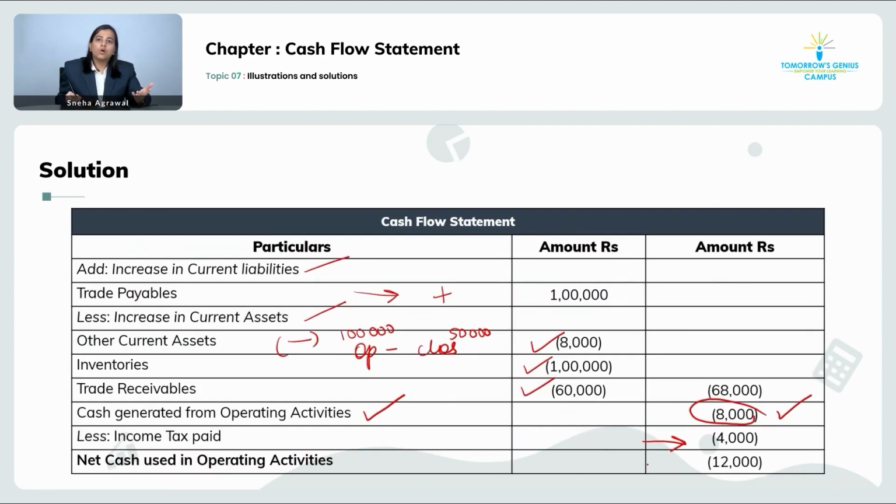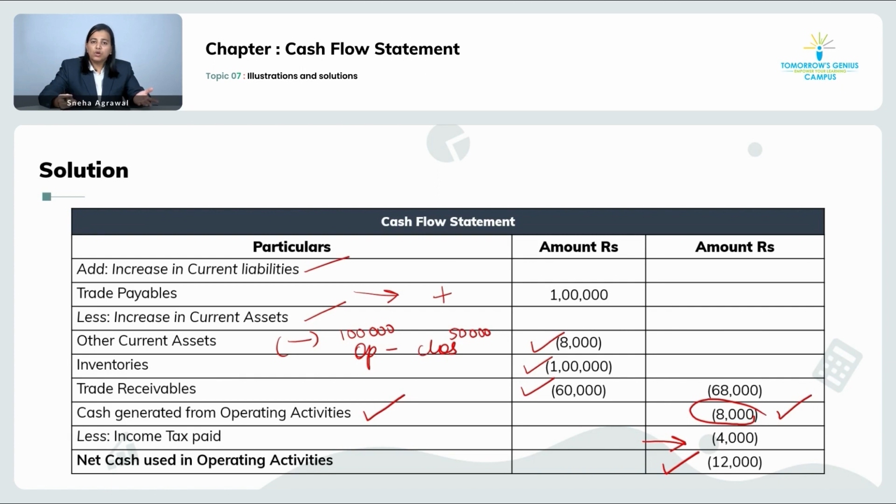So what have we done in cash flow from operating activity? One, we arrived at net profit before taxes and extraordinary items. You can prepare a working note specially for net profit before extraordinary items and taxes. It is not a problem, or you can show it in your statement. Then we adjusted the non-cash and non-operating expenses, that is depreciation.